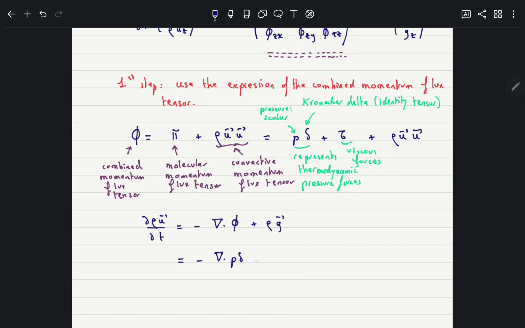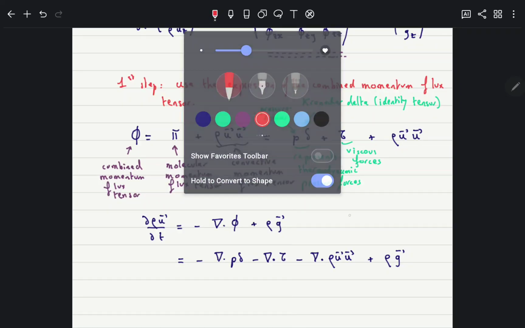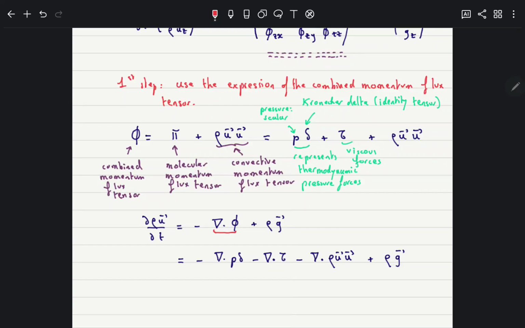Then we also have negative divergence of tau, the contribution of the viscous forces, minus divergence of rho uu, and plus rho g. So what we've done in this first step is transform this into three contributions.